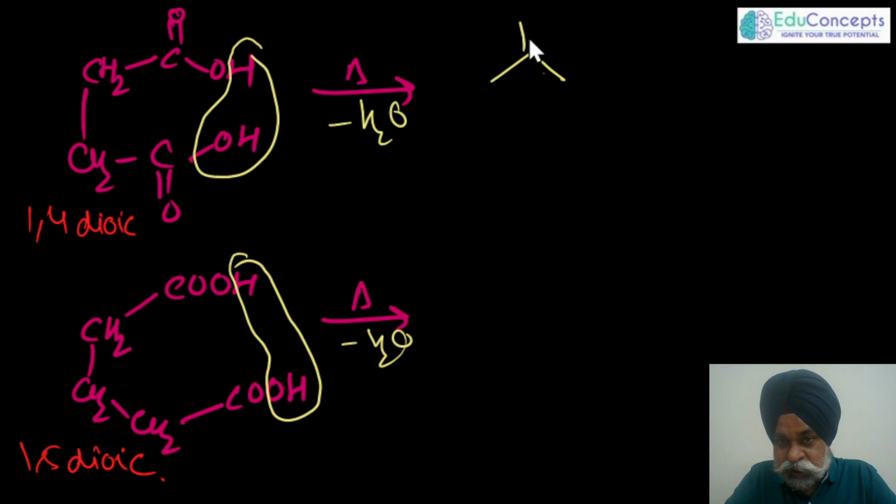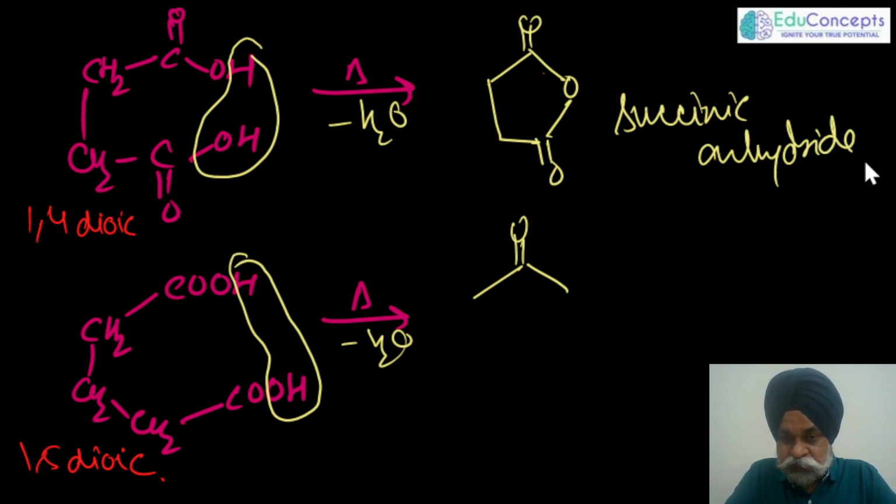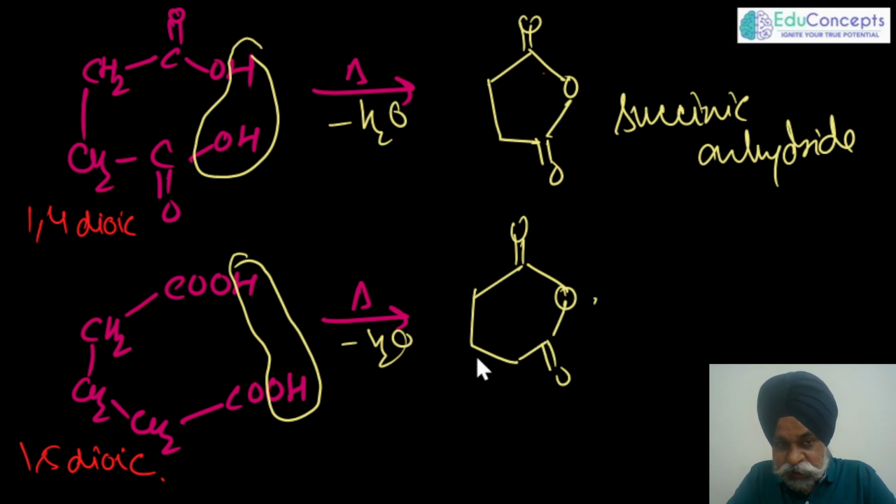Here you get succinic anhydride. This is called succinic anhydride. You get the formation of anhydride, and in the glutaric case also you see the formation of glutaric anhydride. So succinic and glutaric undergo dehydration.